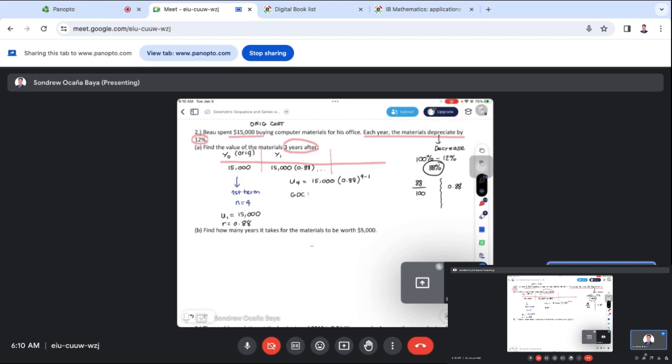So your u sub 4 would now be equal to 10,220. Usually if it's money, we write the entire thing, unless there are a lot of zeros, so we can compress the zeros. But basically, if it's money, it's better to write the entire value. Let's proceed to part B.